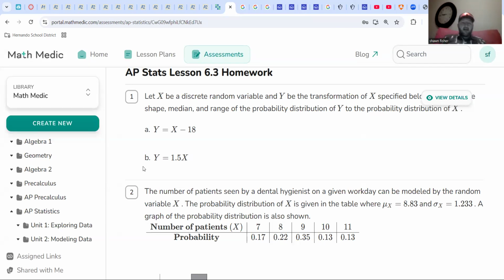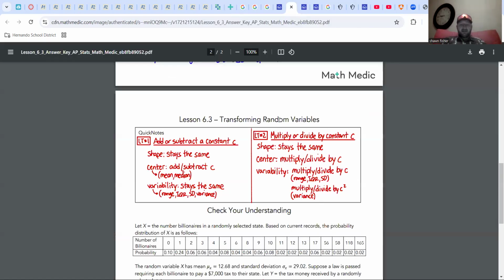Part B says Y is now, we're not adding or subtracting, it's 1.5 times the probability distribution of X. What happens to the shape? If you go back to your notes, the shape will stay the same when we multiply or divide. The center, the mean and the median: the mean will get multiplied, 1.5 times that of X. So Y is going to be 1.5 times whatever X represents.